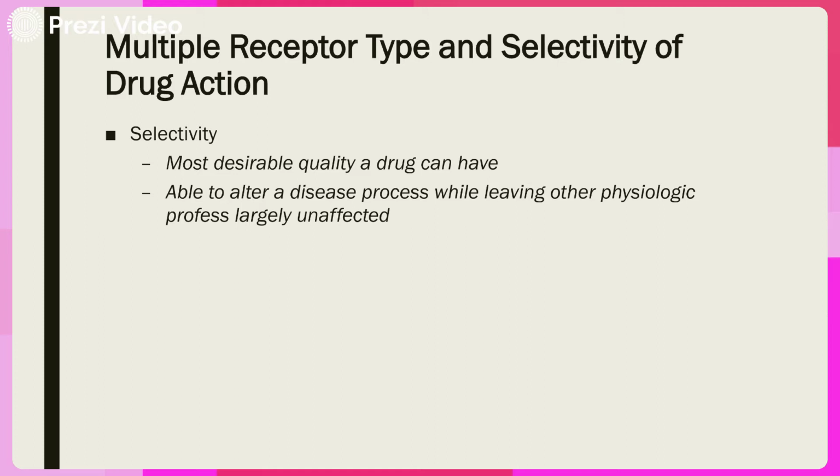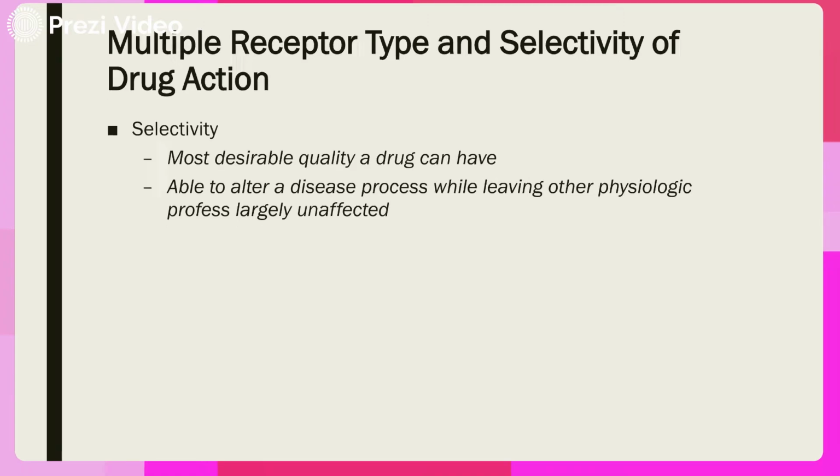The reason medications create different adverse effects is that they don't only target the specific system we're trying to target, but they may also activate other organs. By having selectivity, we are able to alter a disease process while hopefully leaving other physiological processes largely unaffected.